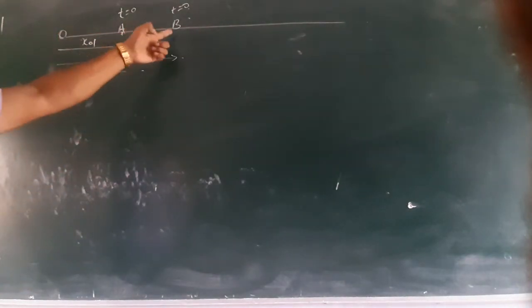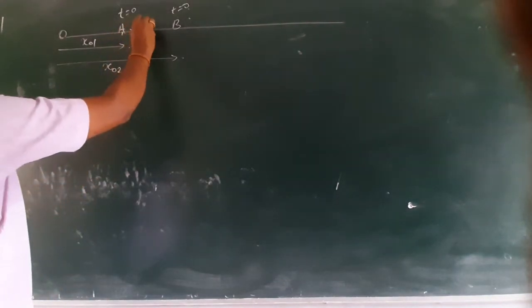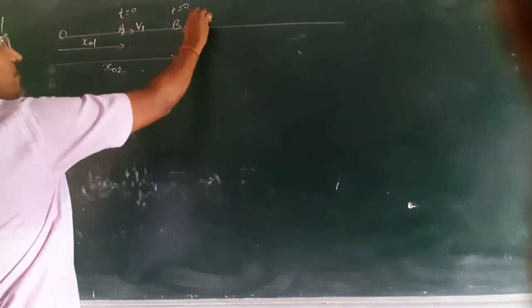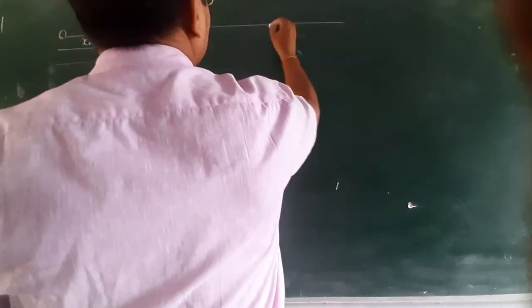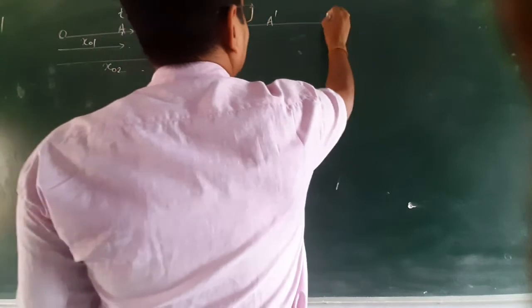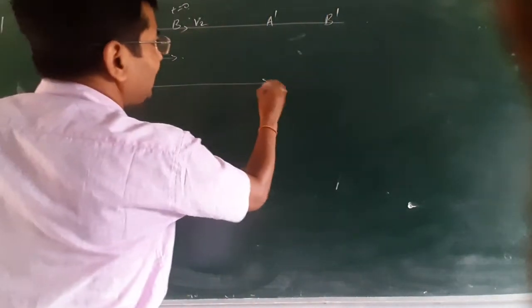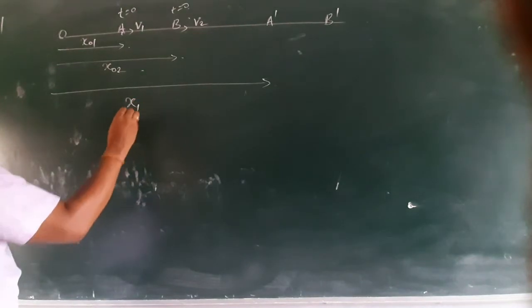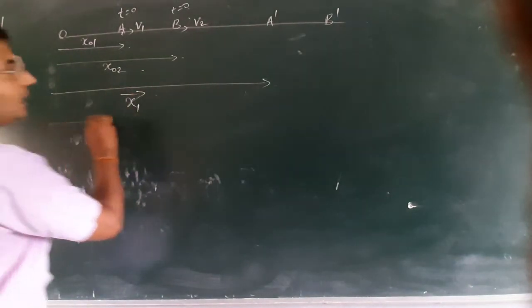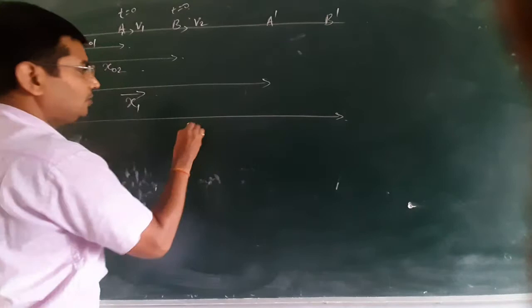These are the initial positions of the two objects. This starts moving with velocity v1 and this starts moving with velocity v2, and at some time t A reaches A dash and B reaches B dash by covering displacement vectors x1 and x2.